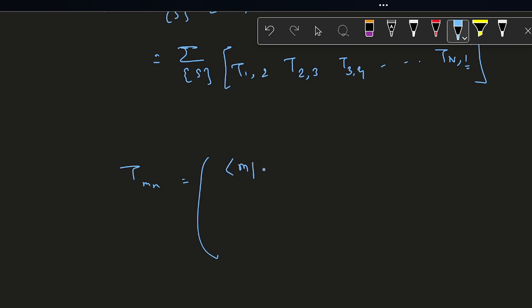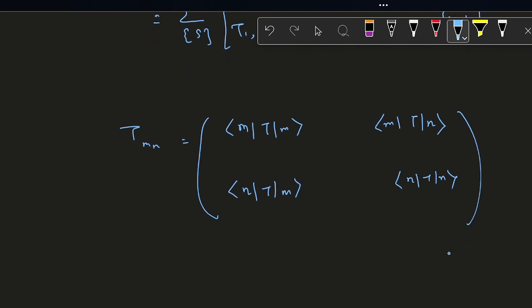If your first spin is m, then the first element will be like this, and then just like how you calculate matrix elements in any math physics problem, nothing very different. So you have to get that.